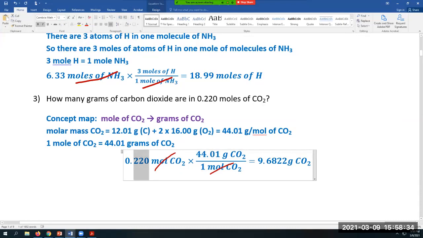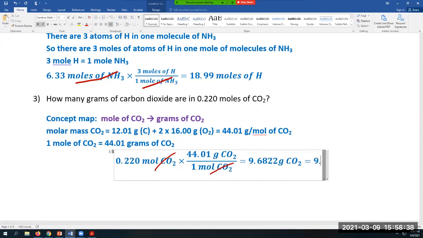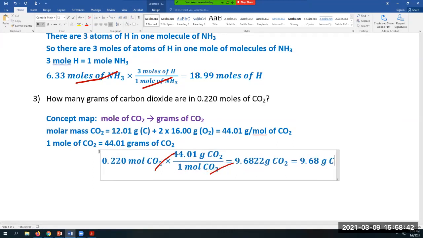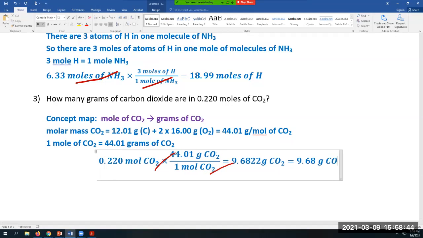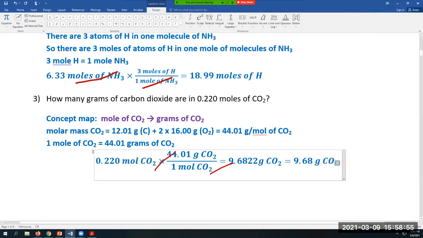So we need to keep 3. That means we will keep the 9.68. What comes after the 8 is a 2, so we just keep the 8 like that. We round down. So that's the final answer for this question, 9.68 grams of CO2 per 0.22 moles of CO2.